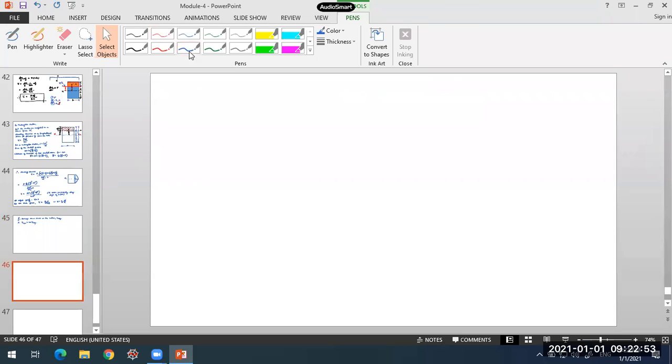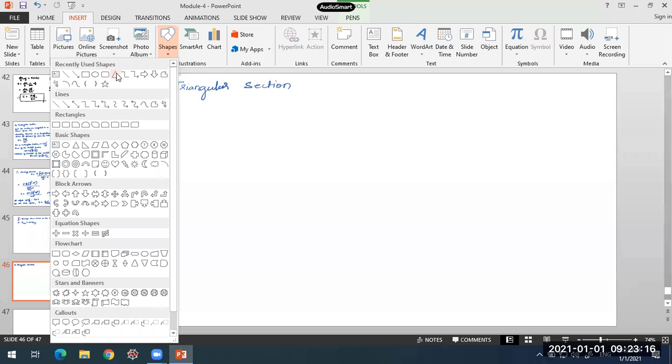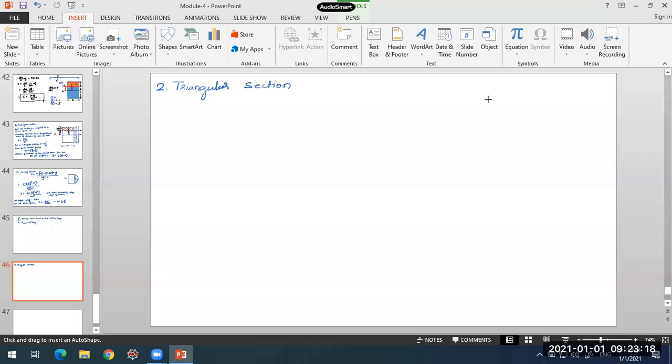Okay, now next one, let us take up one more, that is triangular section. So let us take for a triangular section how the shear stresses vary and what will be the value of the shear stress at some important points over here.